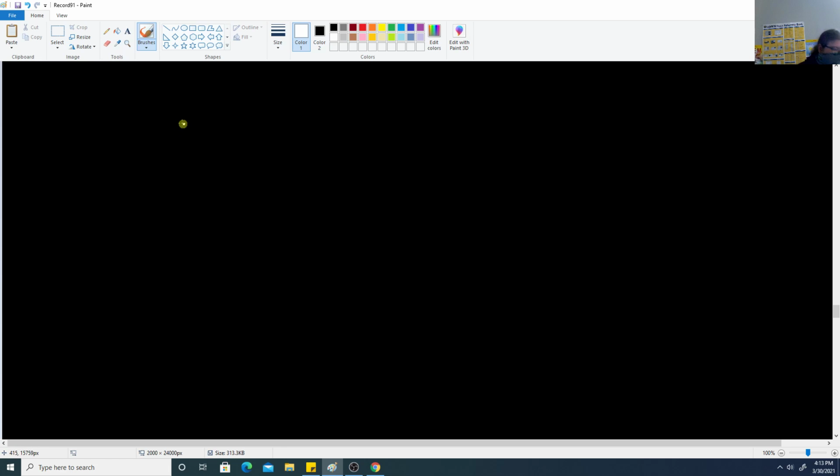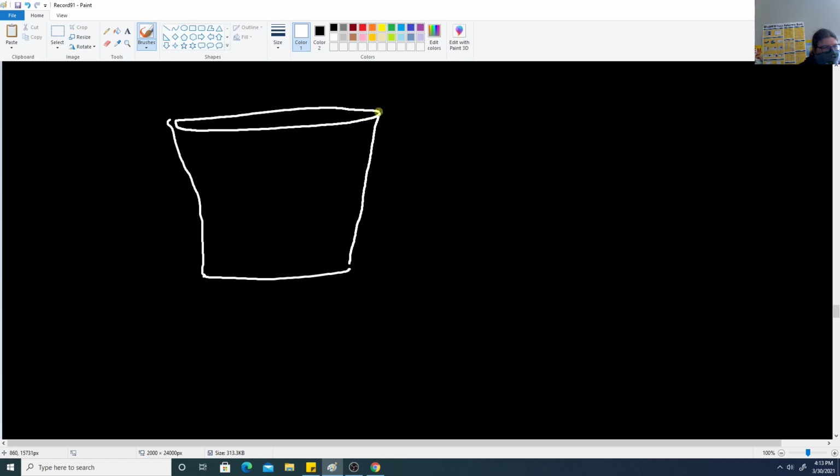So if we have a tank, say like it's a water tank, and let's say it's filled with water up to some height here, and we'll call that height y. Let's say that there's also a hole in the bottom of the bucket, or whatever this tank is.